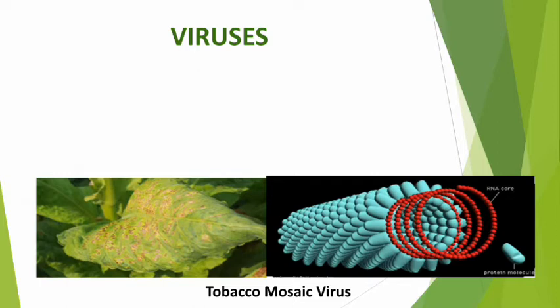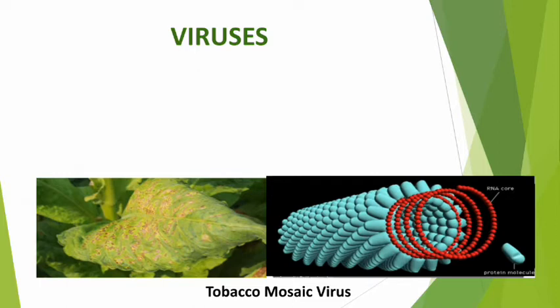But this virus is much smaller than a cell, and when viruses are in contact with a living body, they act as living; whenever they are outside the living body, they act as non-living.